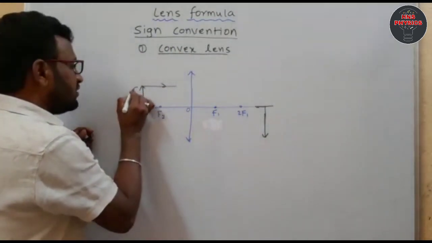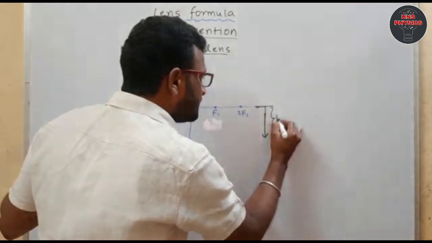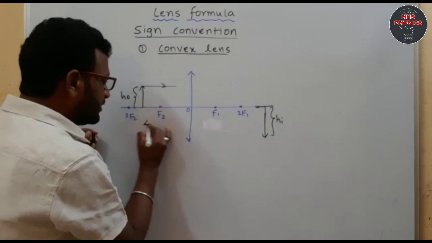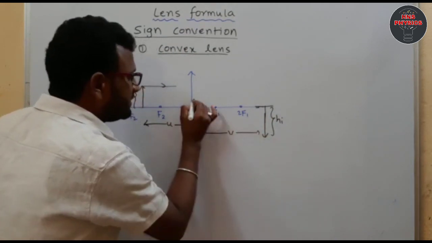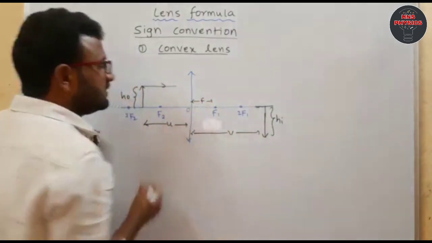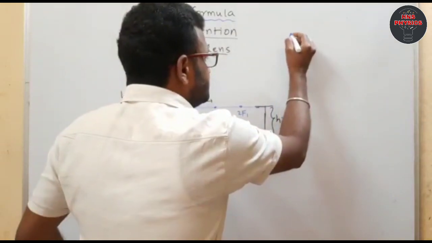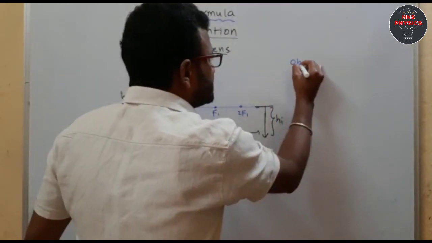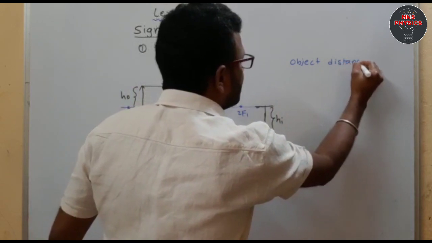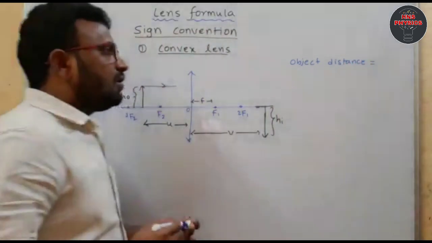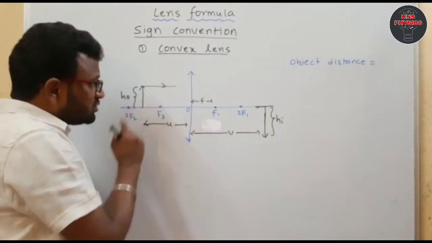This is the height of the object and this is the height of the image. This is nothing but the object distance, this is the image distance, and this is called the focal length. If you observe the object distance, that object distance we are measuring opposite to the incident ray.